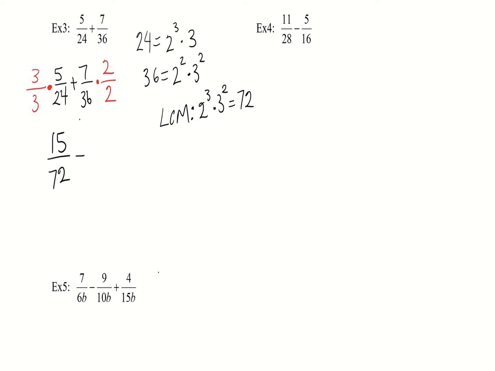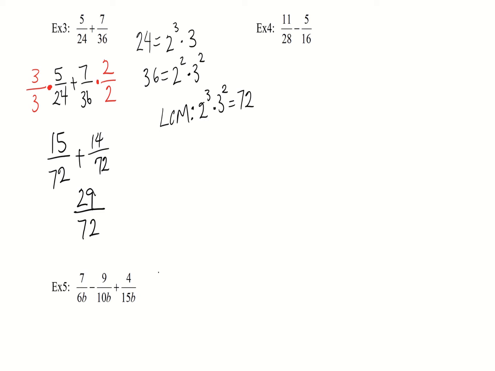And then plus 7 times 2 is 14 over 72. So here again we have a common denominator, we don't have to do anything as far as the denominator is concerned. We can write it all over one denominator, 72, and then just add the numerators. 15 plus 14 is 29.